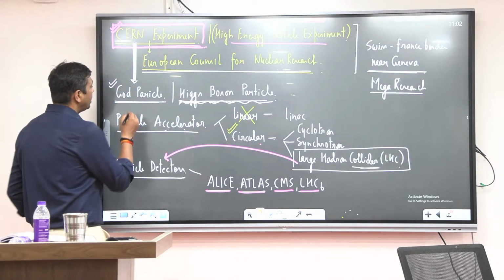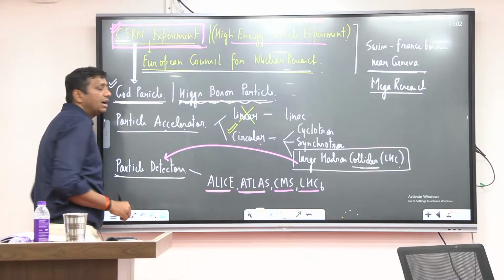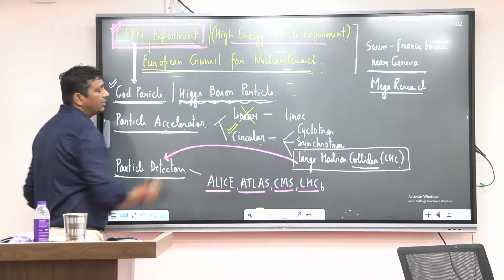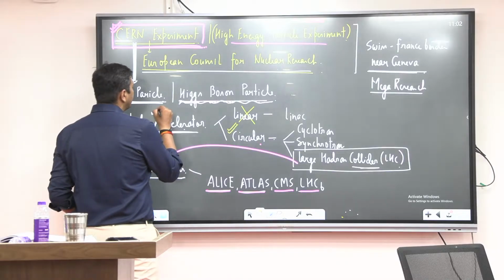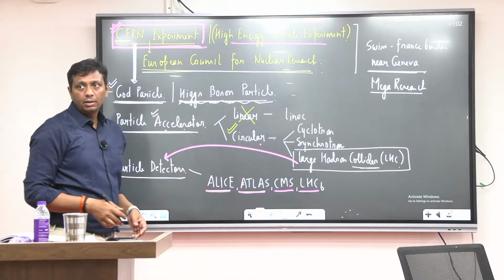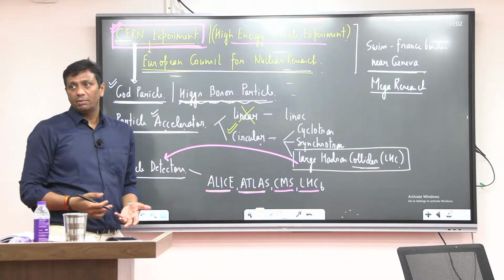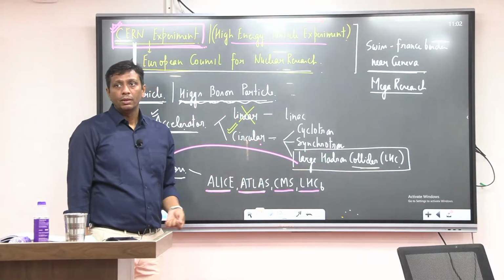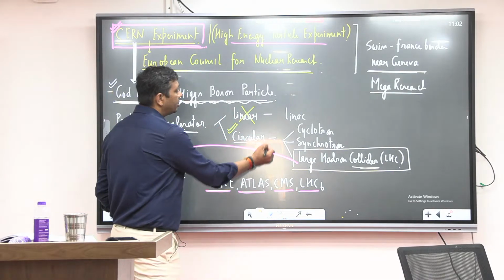To detect the existence of the dark particle, scientists developed particle accelerators in this experiment. An accelerator is where you can increase the speed of something. You can develop an accelerator in linear shape or circular shape, but in this experiment a circular accelerator is used.